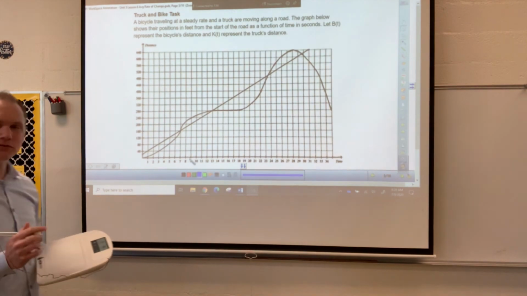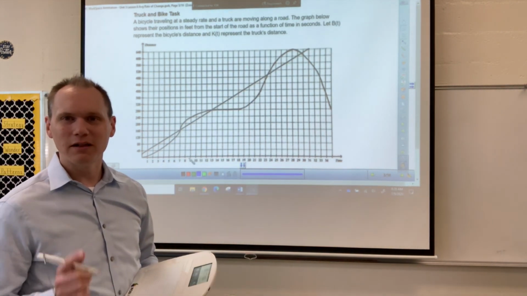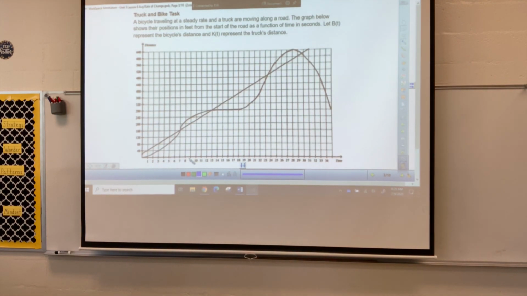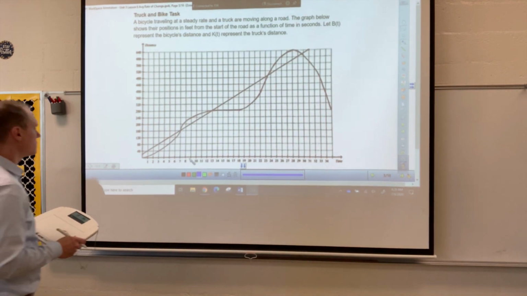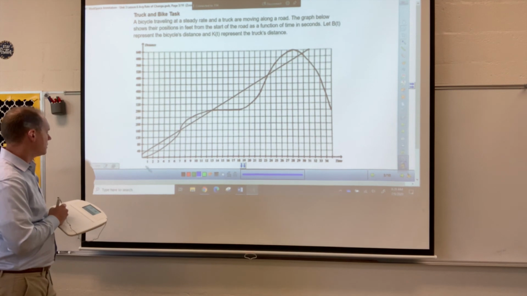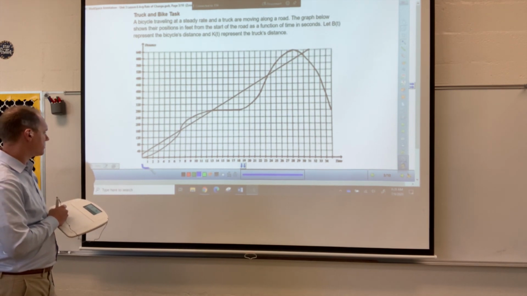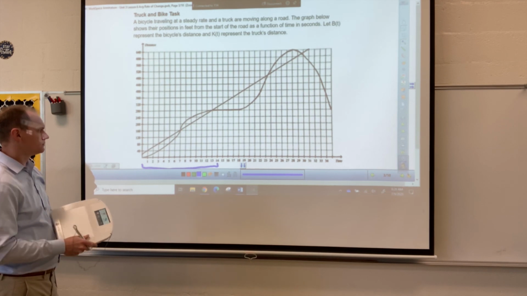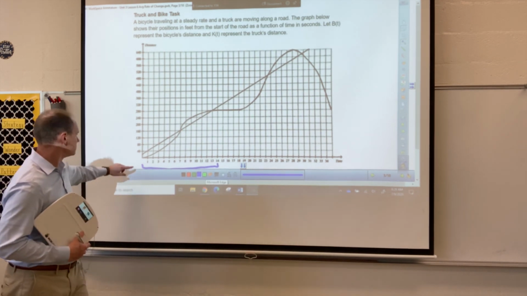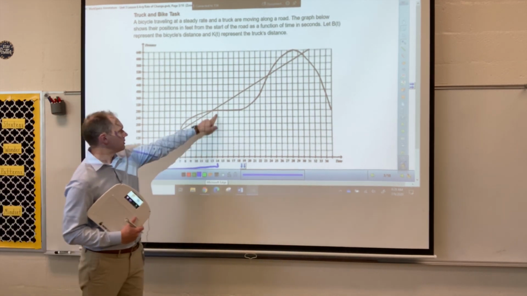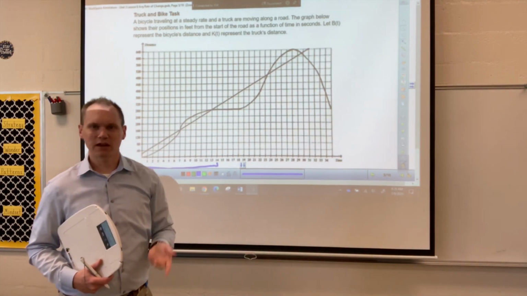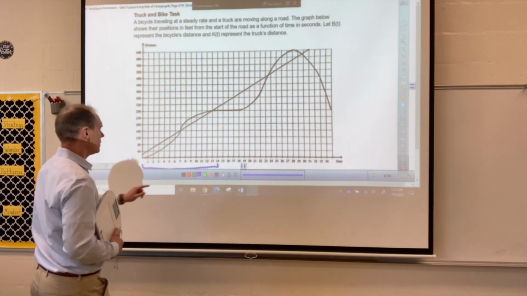But it doesn't have to be where they intersect. Let me give you an example of that. How about 0 to 14 seconds? So they did not have the same average rate of change between 0 and 13, but what about 0 to 14? Well, they don't intersect there. But the key here is, did they travel the same distance over the same amount of time?